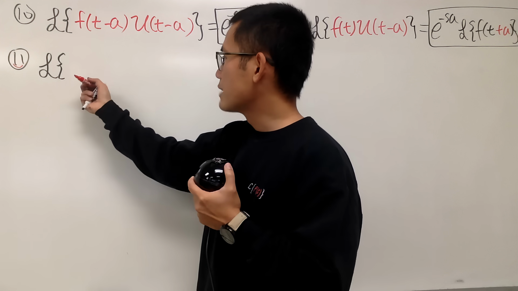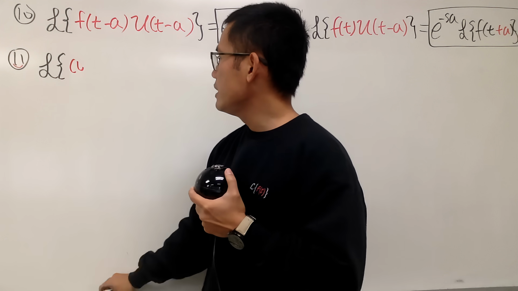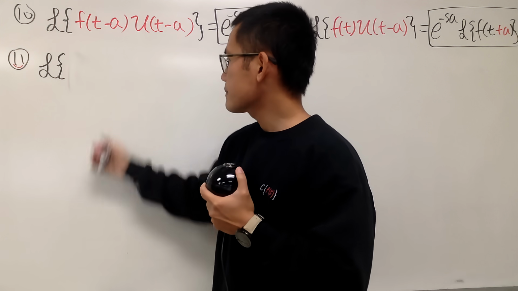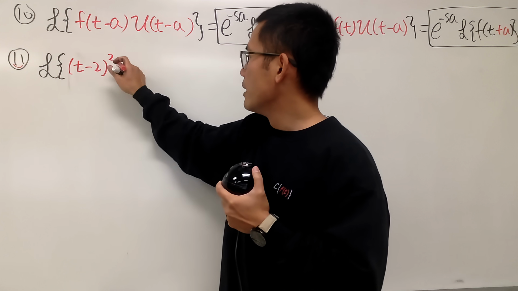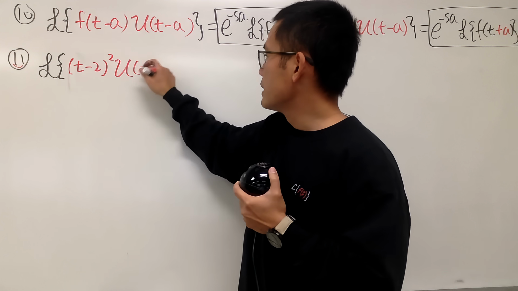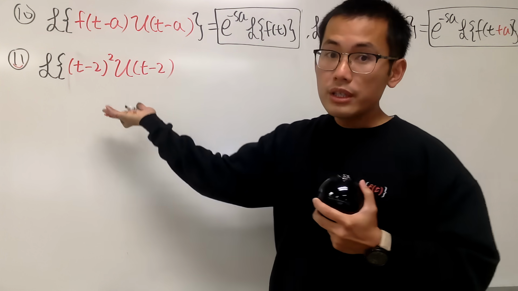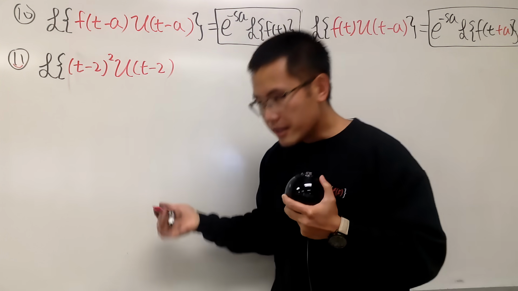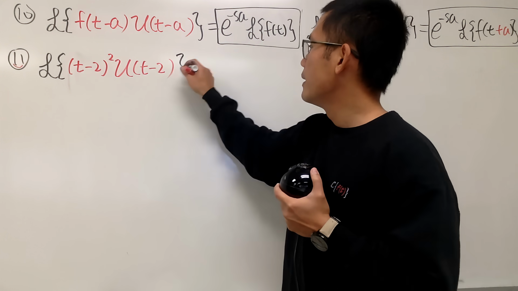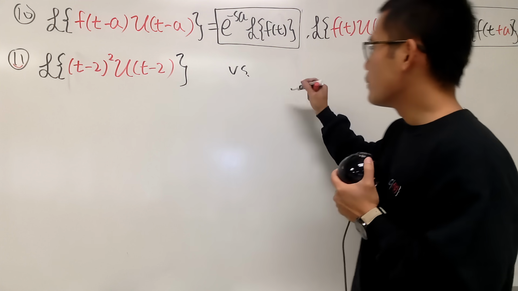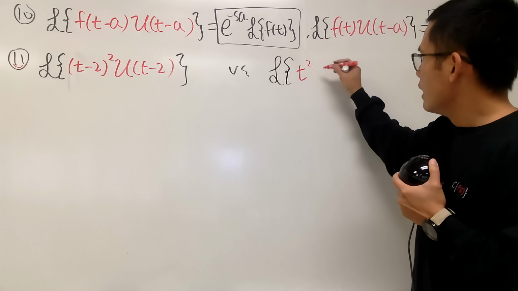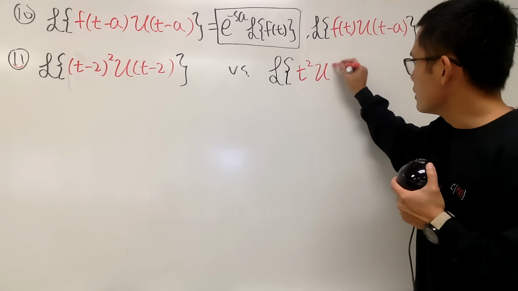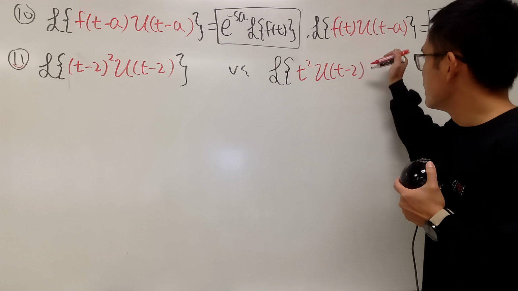All right, number 11, Laplace transform of t minus 2 squared times the unit step function of t minus 2. So in this case, the a is clearly equal to 2, right? Versus the second one, the Laplace transform of just t squared times the unit step function of t minus 2.